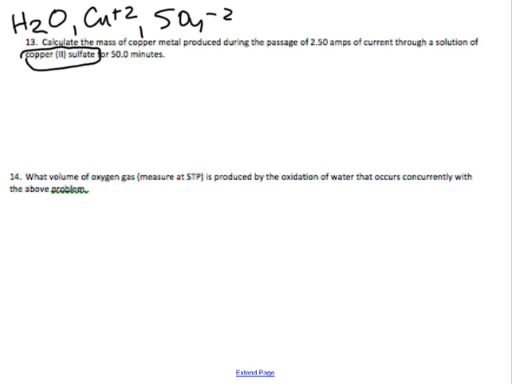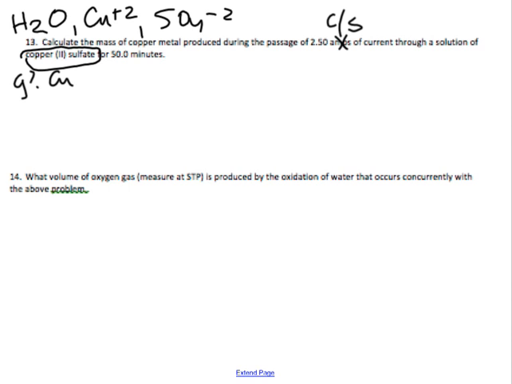So that's what this first problem is saying. How much copper metal is produced? You just told me copper was being reduced during the passage of 2.50 amps. So we're looking for how many grams of copper. Now, amps are not a useful thing in dimensional analysis. What is an amp, really? Yes, a coulomb per second. So whenever you see amp, immediately change it to coulombs per second.